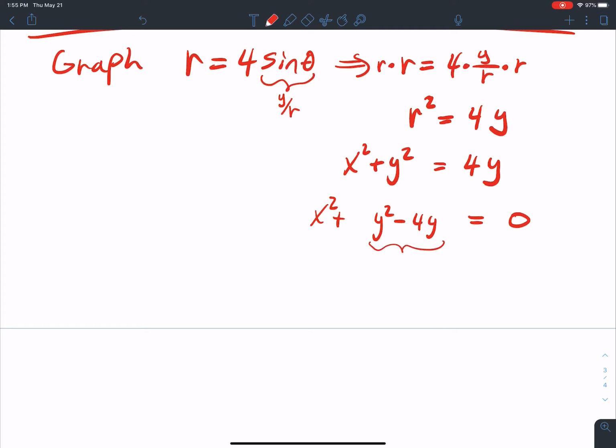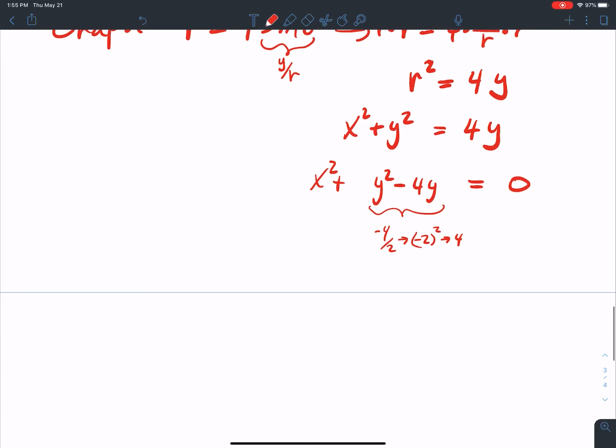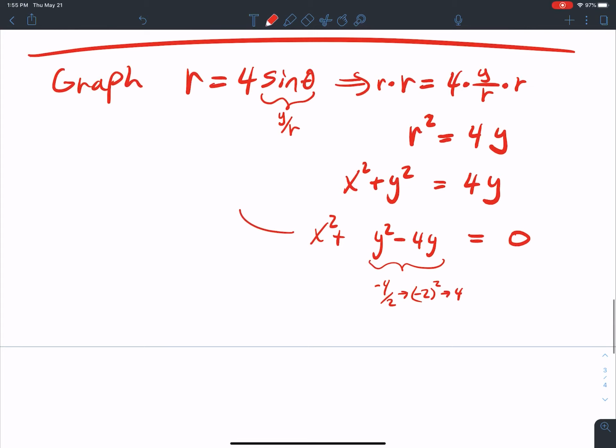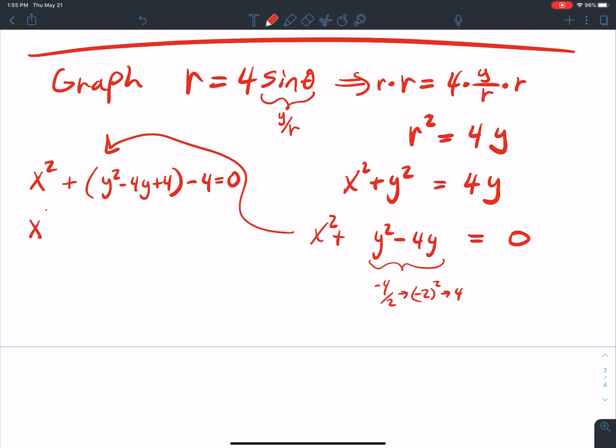Now I'm going to complete the square here. So I half it, I get -2, and I square it, I get 4. So that's going to be x squared plus y squared minus 4y plus 4, and then minus 4 equal to 0. Okay, so that's x squared plus, and this factors to (y minus 2) squared, and I'm going to add this 4 to the other side, equal to 4.